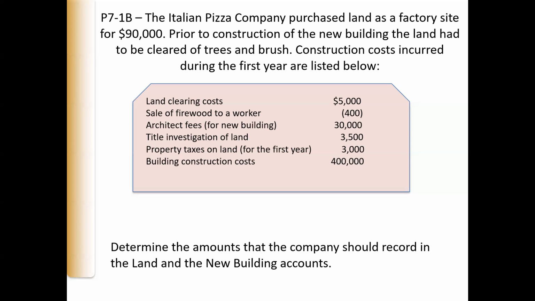So what do you guys have for the amount that would be recorded in the land? And what would you have the amount that would be recorded in the new building account? Any ideas?